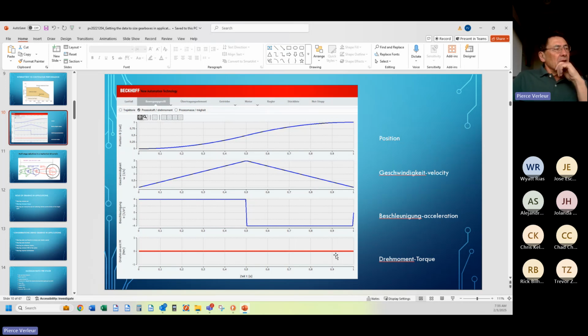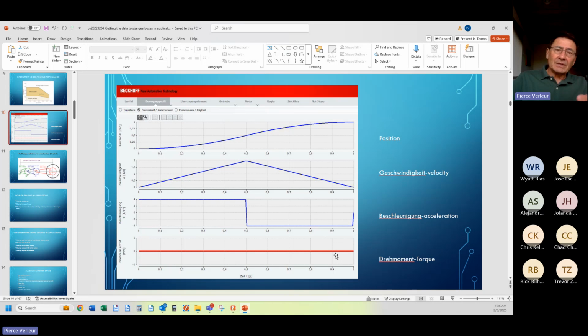Now, this means this is on a horizontal plane, and we didn't have a significantly high differential coefficient of friction or anything that was different between accelerating the load and decelerating the load. And therefore, you have torque constant.